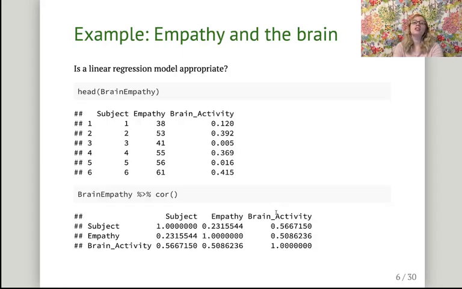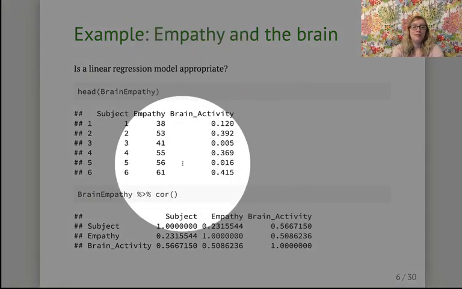Before we actually fit this linear model, let's take a look at the data and make sure it's appropriate. There are a few things that need to be satisfied. We need to have a linear relationship between our variables, and we also want these variables to be numeric. They need to make sense in a linear function. Our explanatory variable, the empathy column, is numeric.